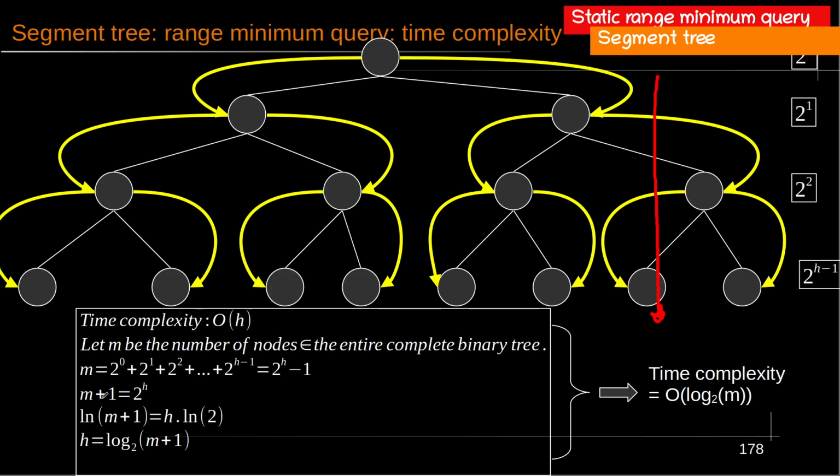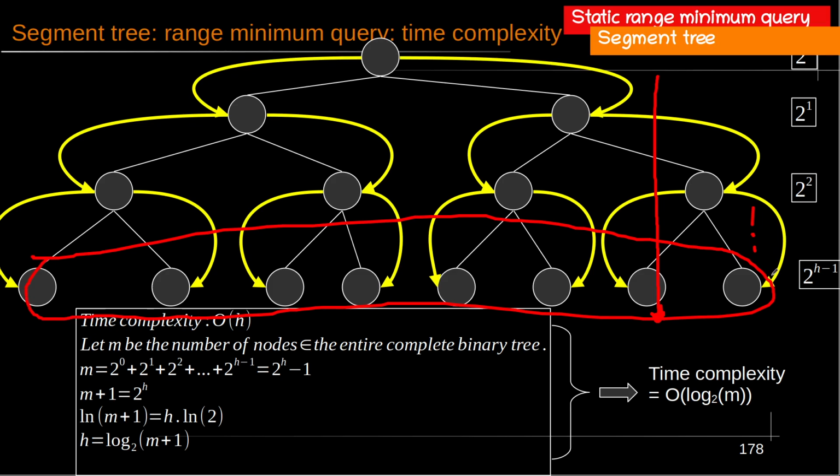So we can say that at the first level we have one node, then two nodes, then four nodes, and so on until the height. At the last level here, we have 2 power h minus 1 nodes, where h is the height of the segment tree.